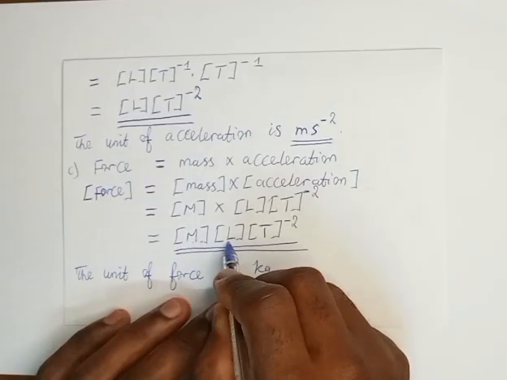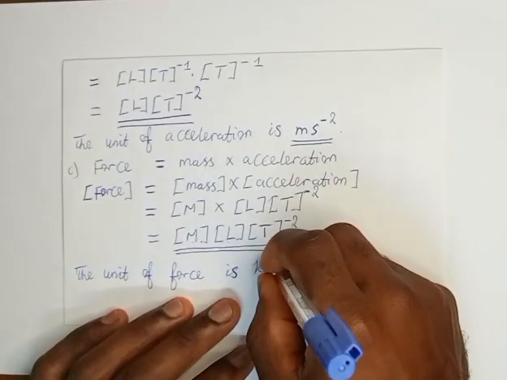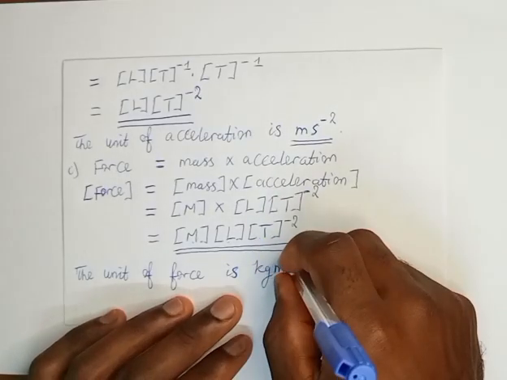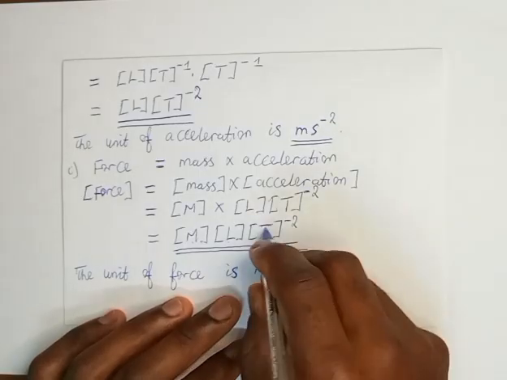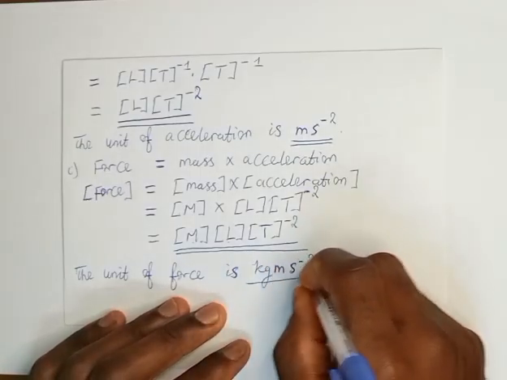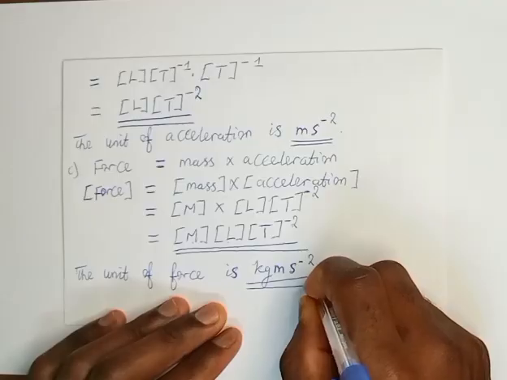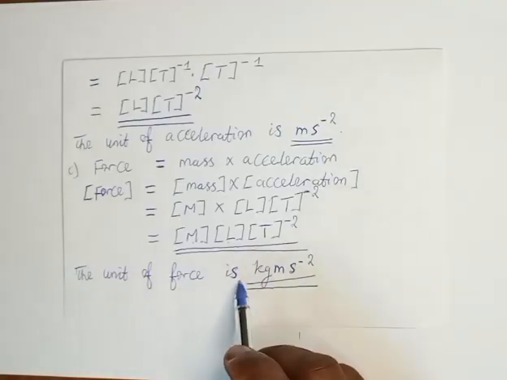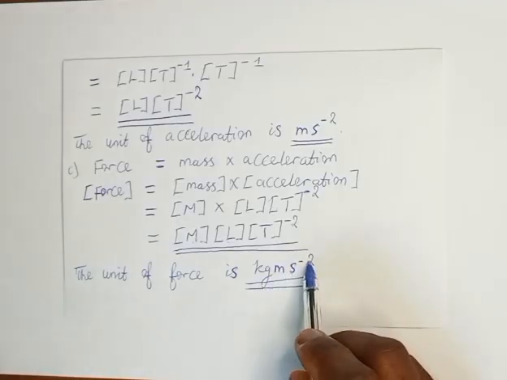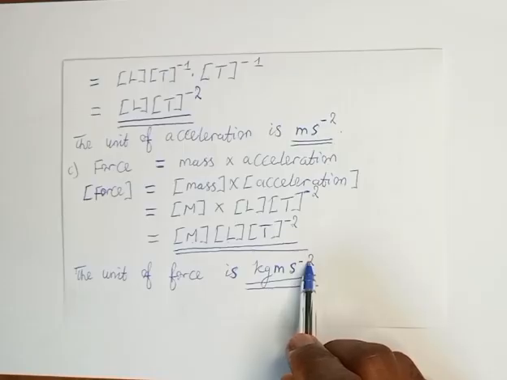We replace L with the unit of length, which is the meters. Then we replace T with the unit of time, which is the seconds. And it is raised to the power -2. Therefore, the unit of force is kilograms meters per second squared.